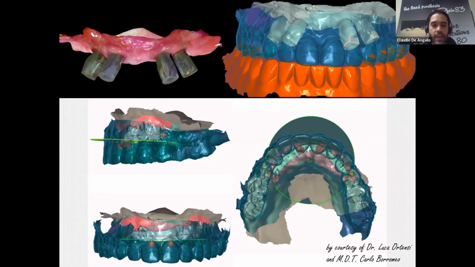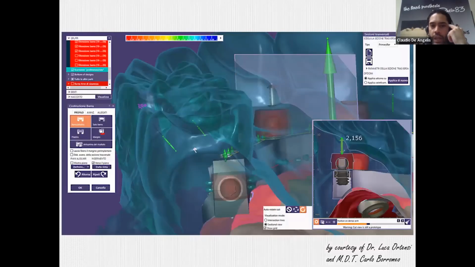Okay, this is a very important thing. This is basically what you already made in your laboratory with the parallelometer. It's the same story, okay? The same concepts are true in the real world and in the digital world. Okay, this said, with the software, you have a lot of possibilities.